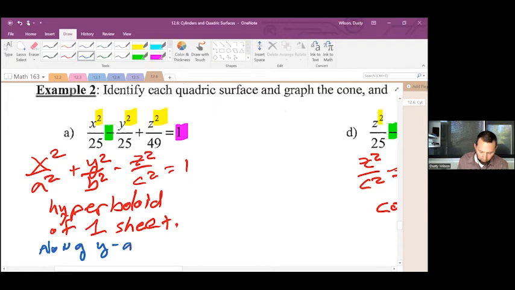The reason we want it along the y-axis is because right here, we have this negative y squared over 25. And so if we wanted to graph that, we would know that it's along the y-axis.